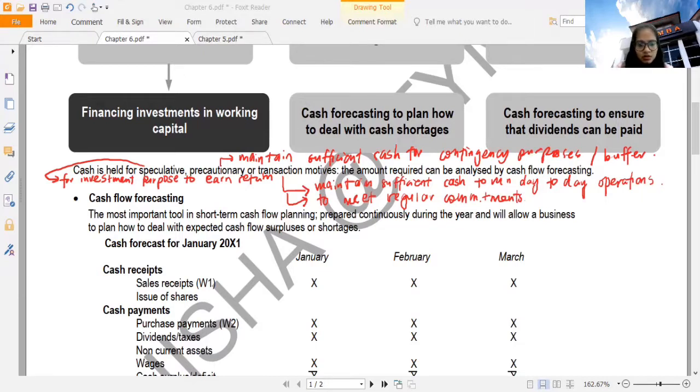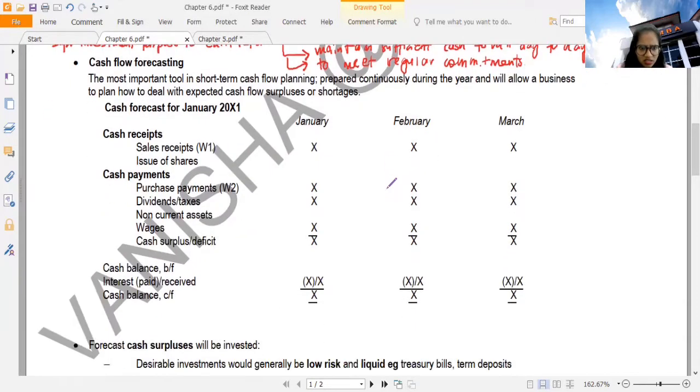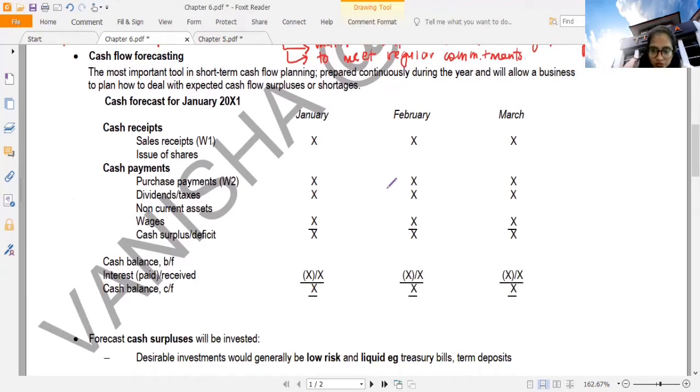So let me demonstrate to you how a cash flow forecast works. The reason why you do a cash flow forecast is to identify whether your company has a cash surplus or cash deficit.